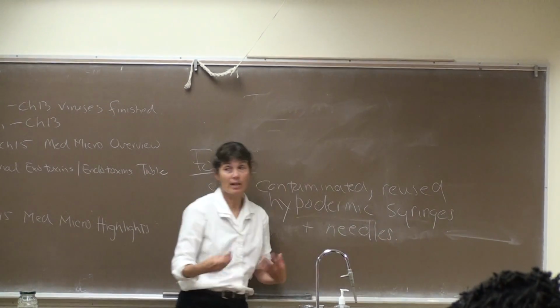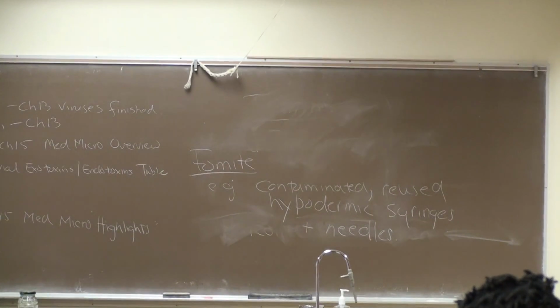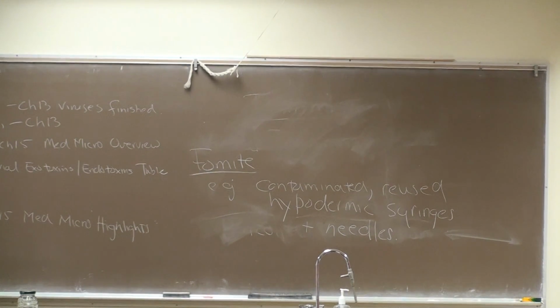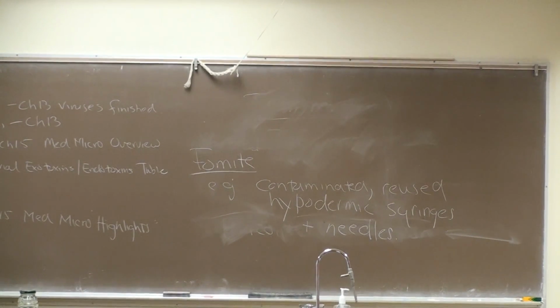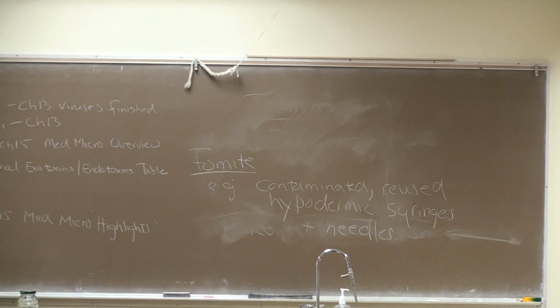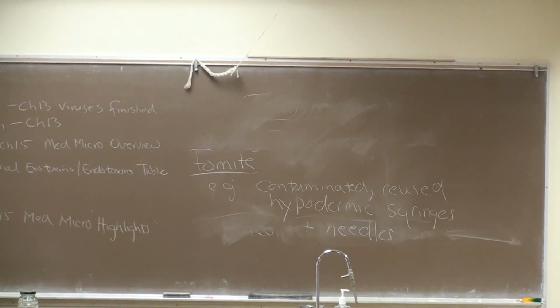So unfortunately, people will reuse them themselves or they'll share them. And of course, as you probably know by instinct, that's a great way for bloodborne pathogens such as HIV, hepatitis B, and hepatitis C to be transferred. Contaminated blood with the pathogens remains in the needle and syringe, so the next time somebody else uses it, they end up injecting themselves with those bloodborne pathogens.